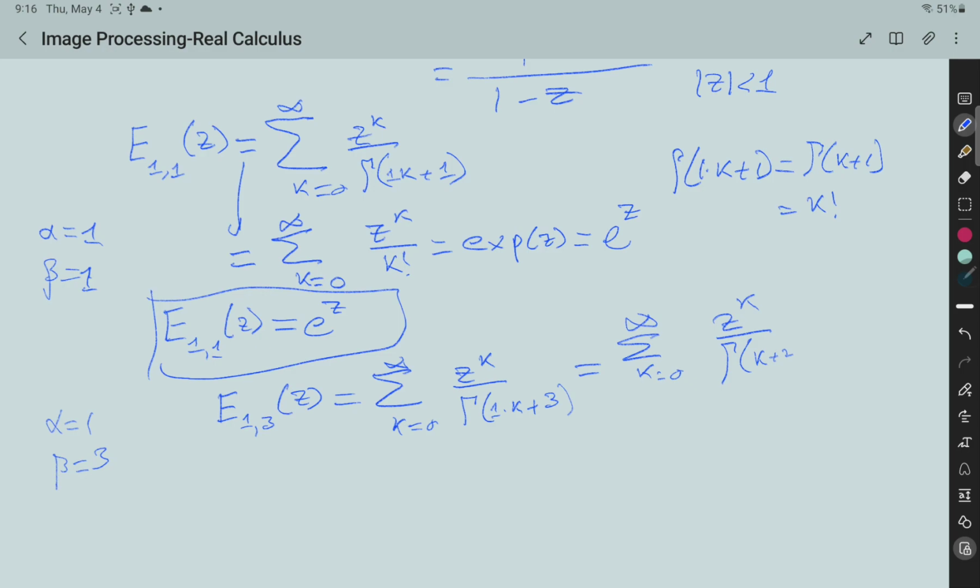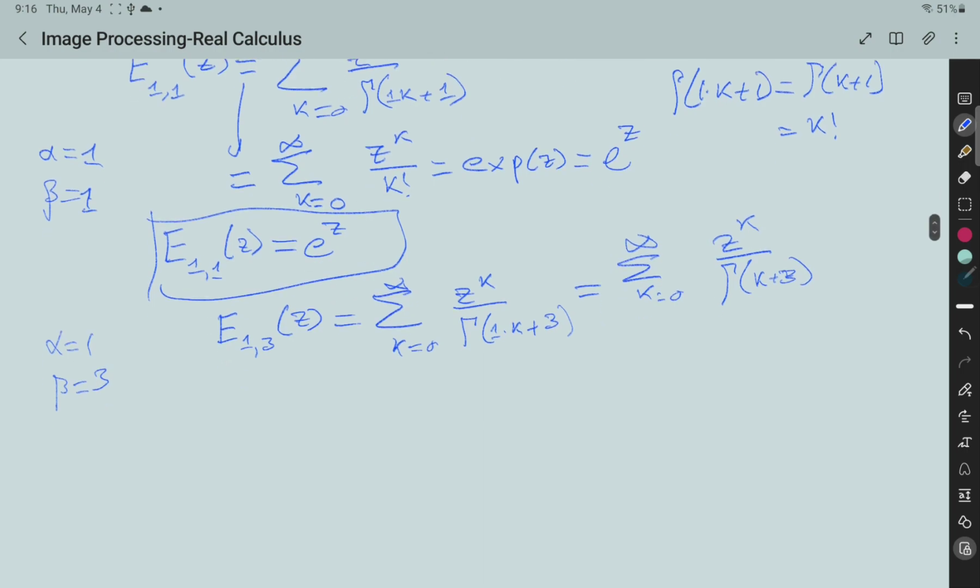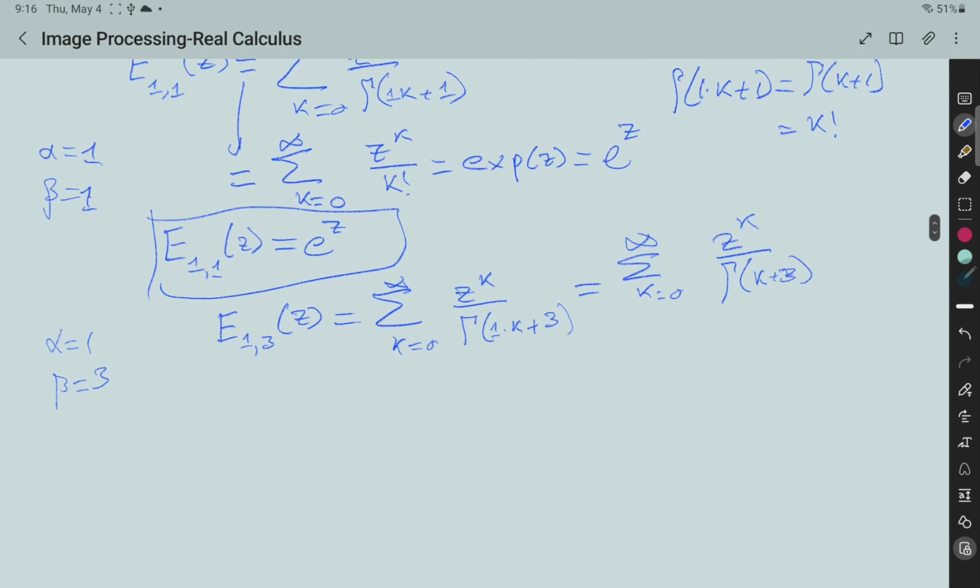So this is gamma of k plus 3. And so that is just k plus 2 factorial. Okay, so rewriting this sum, k from 0 to infinity, I have z to the k and gamma of k plus 3, which is the same thing as k plus 2 factorial.